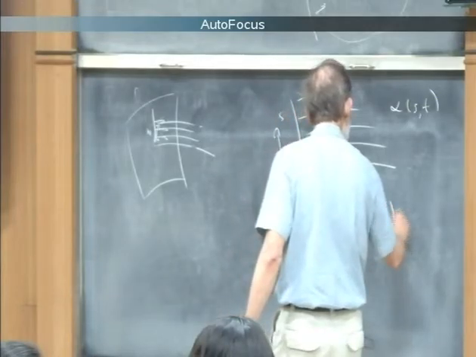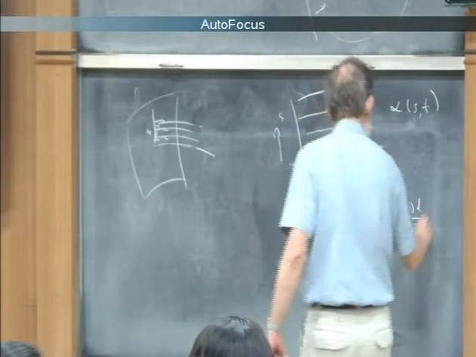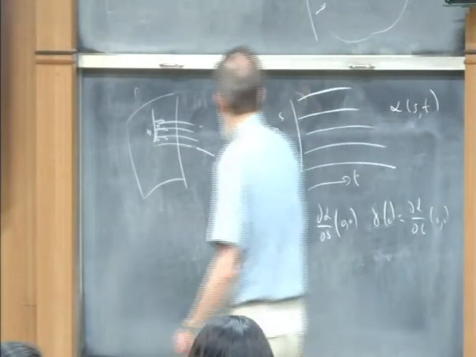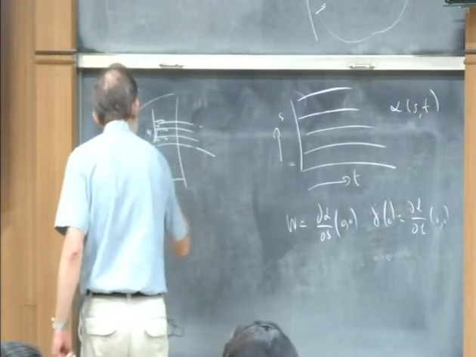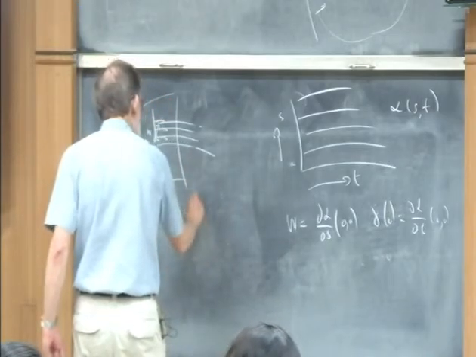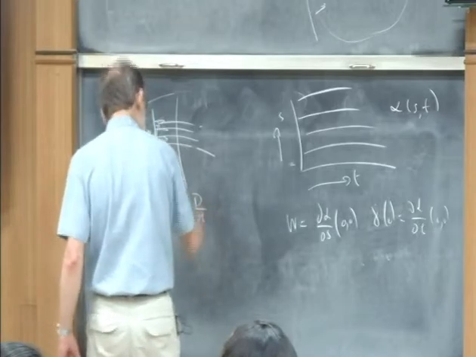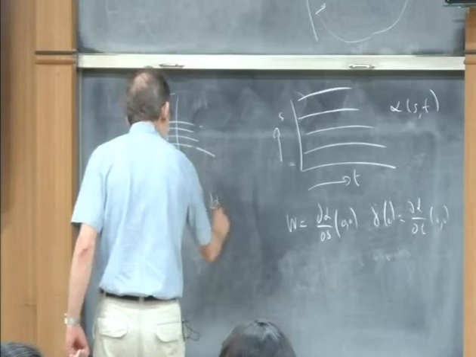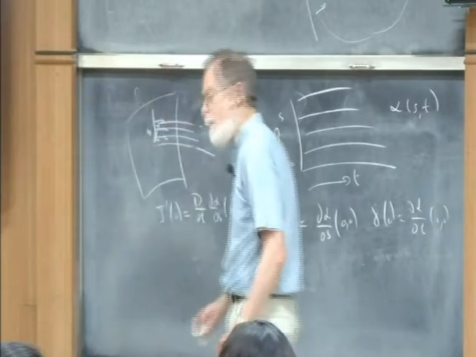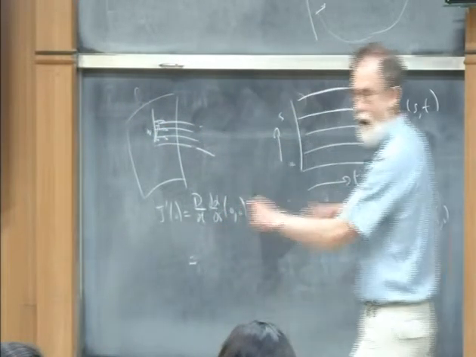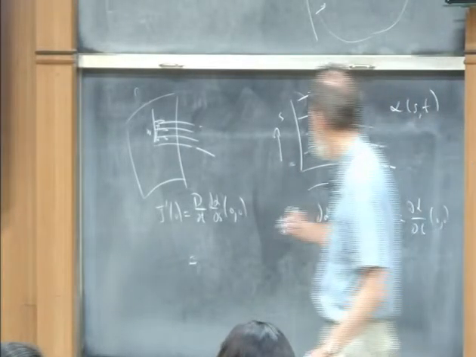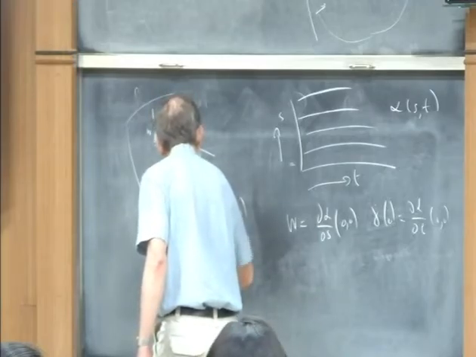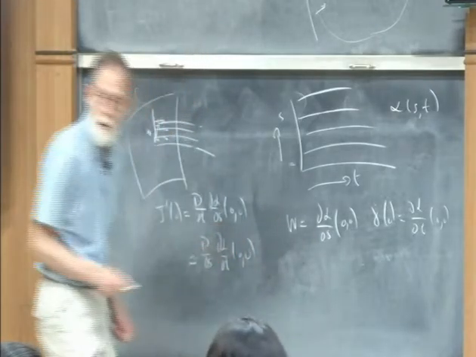Gamma dot of 0 is partial d alpha dt at (0,0). And J prime at 0 is partial d dt of d alpha ds at (0,0). And I want to think of it the other way round. I reverse the order of differentiation and get d ds of d alpha dt at (0,0).